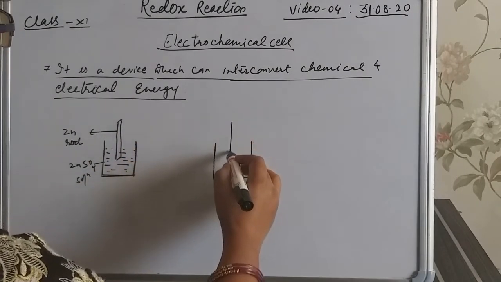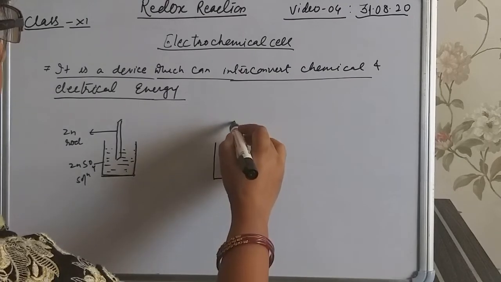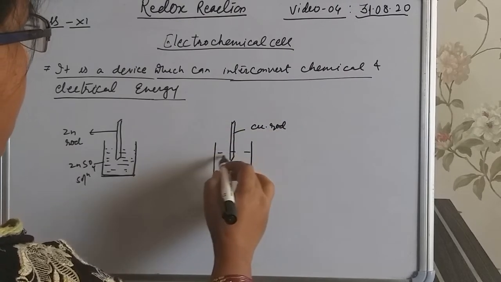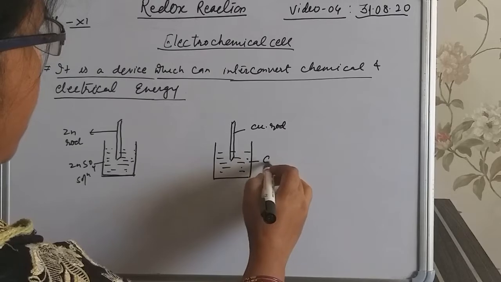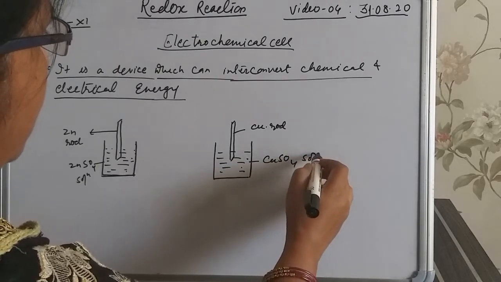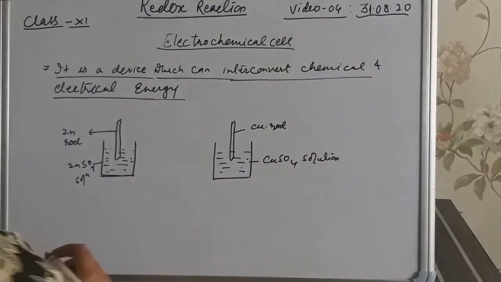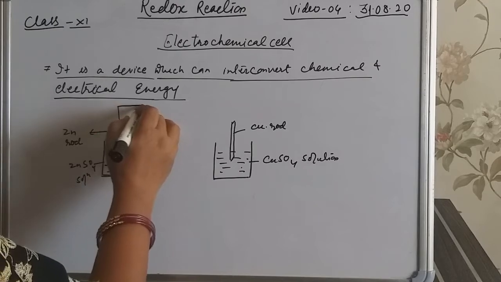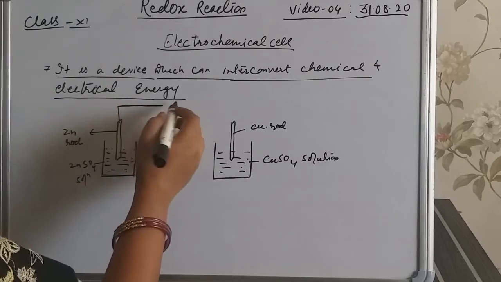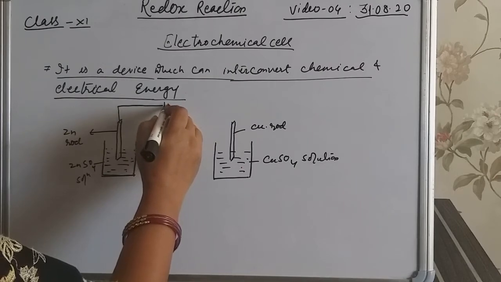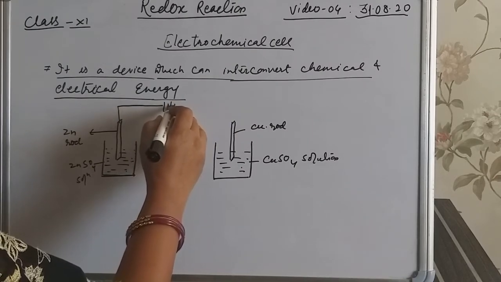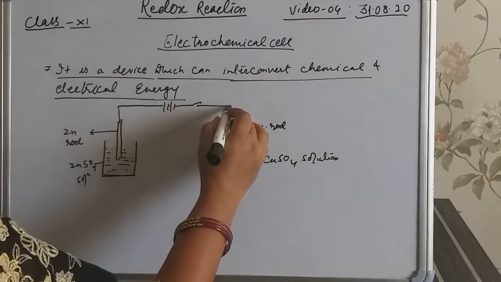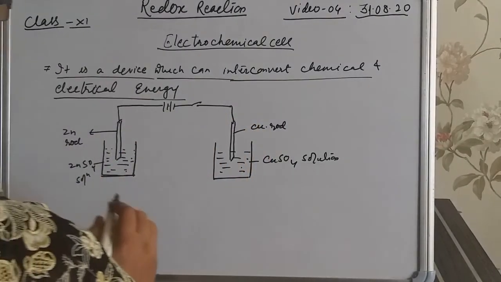Similarly, there is a copper electrode, a copper rod, in its own electrolytic solution, copper sulfate solution. And this zinc rod and this copper rod are connected with a cell and a switch to complete the circuit.